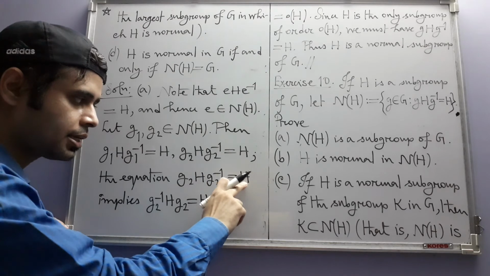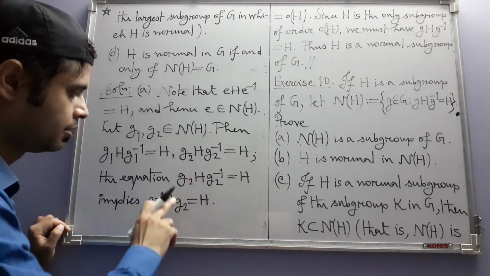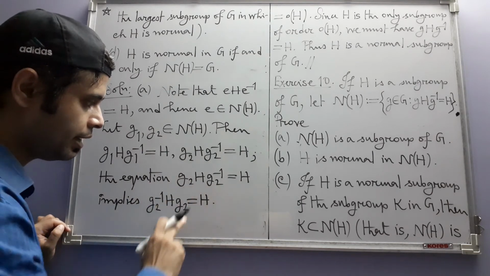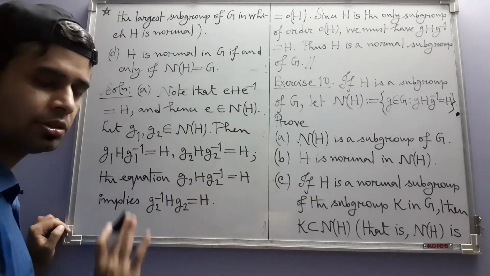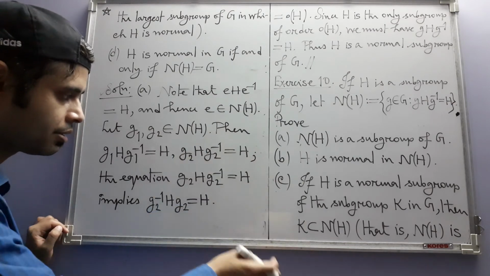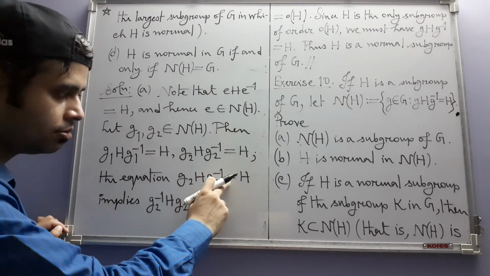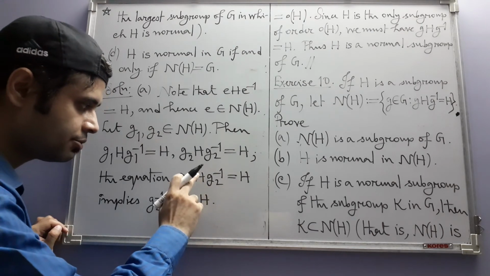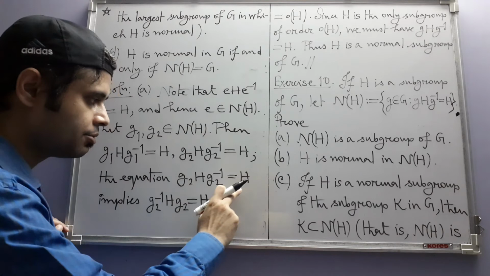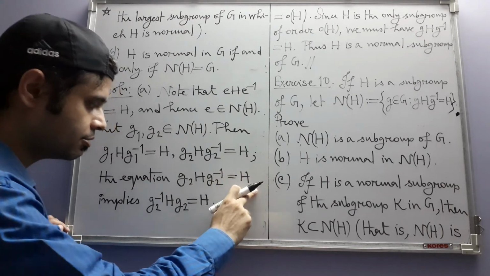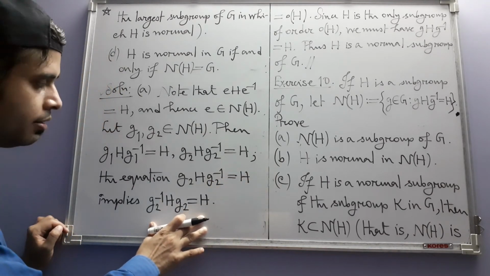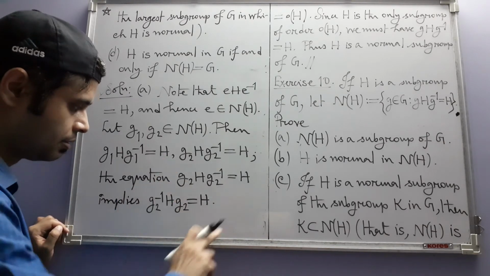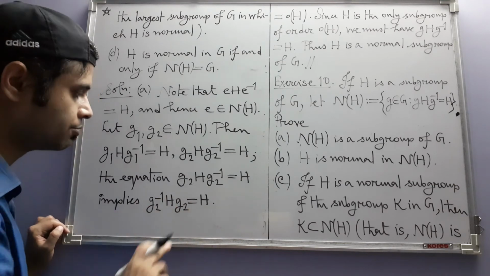On the right hand side you will have G2 inverse H. That G2 inverse and G2 will cancel out, leaving you with H G2 inverse equal to G2 inverse H. Then you multiply on both sides by G2 from the right. So on the left hand side you will have H, on the right hand side you will have G2 inverse H G2. That's what we have written here. But that is just simply a way of figuring out what the ultimate thing will be. That is not a proof.